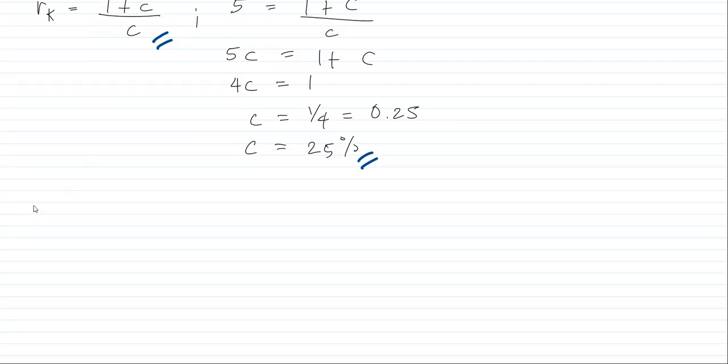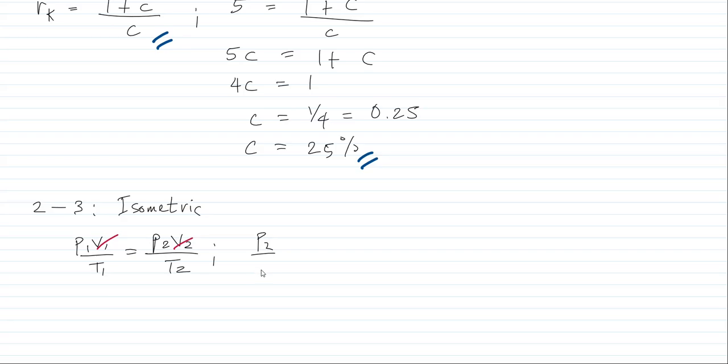So process 2 to 3 is isometric, and since we are looking for pressure and temperature, let's say we start with P1 V1 over T1 is equal to P2 V2 over T2. Since this is isometric, I will cancel the volume, and what I now have is P1 over T1 is equal to P2 over T2, or P2 over P1 is equal to T2 over T1. Okay? So this is just a small review.